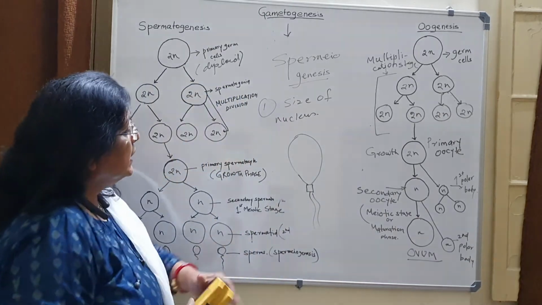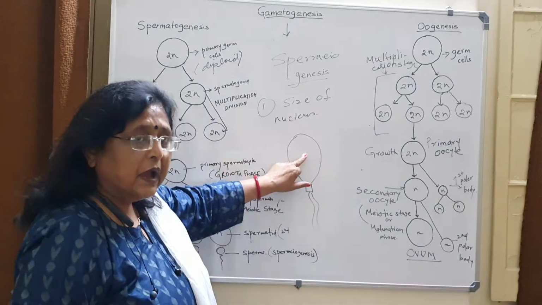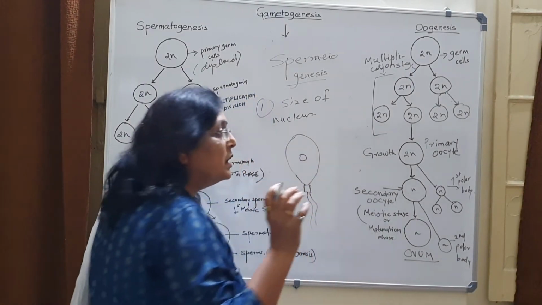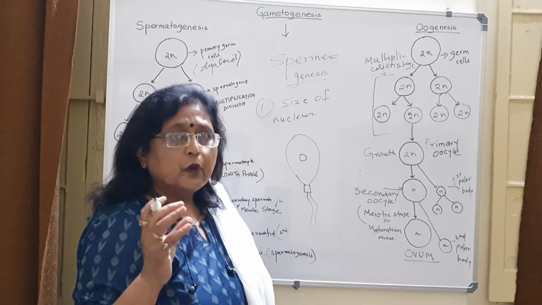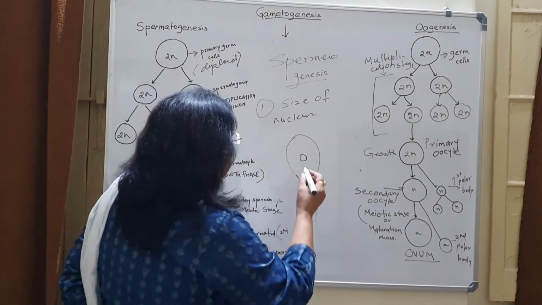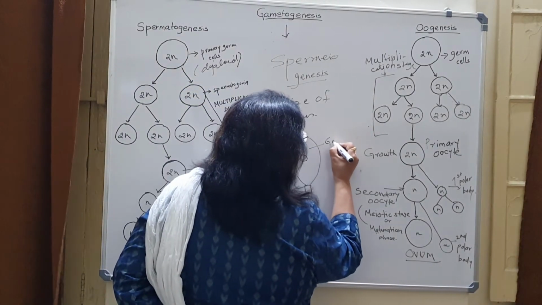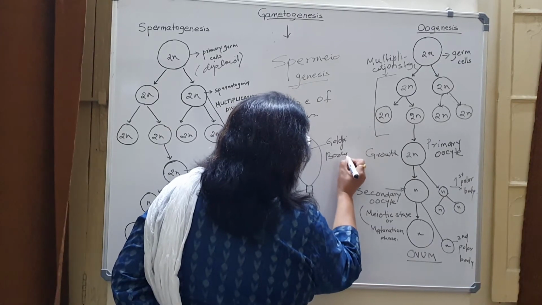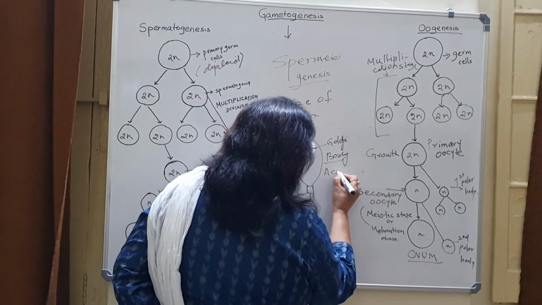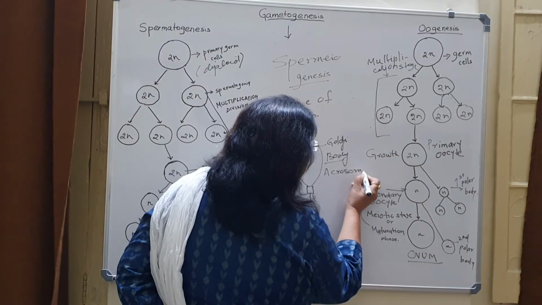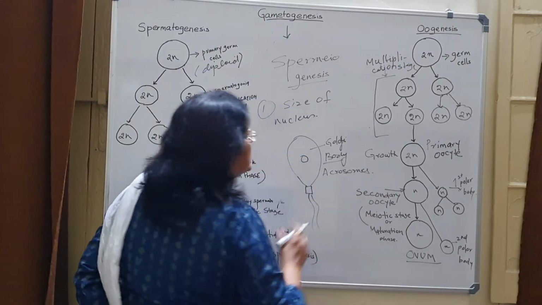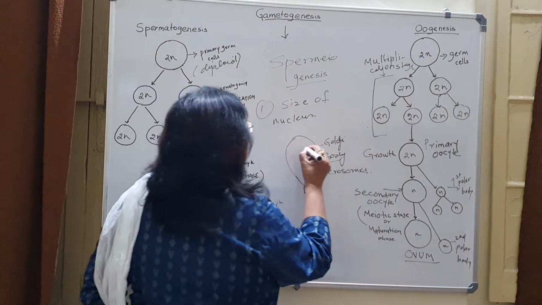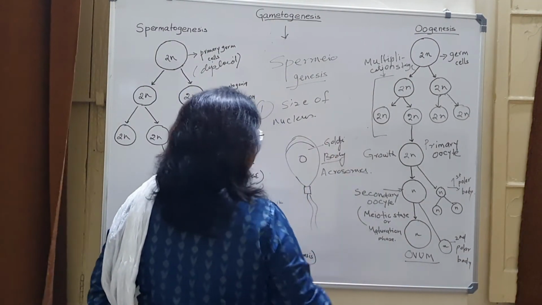So in the head of the sperm, we find the nucleus, and this nucleus becomes small in size due to the loss of water. The Golgi body, which is present, gets converted into acrosome. Golgi body forms the acrosome and it develops into a cap-like structure in front of the nucleus.